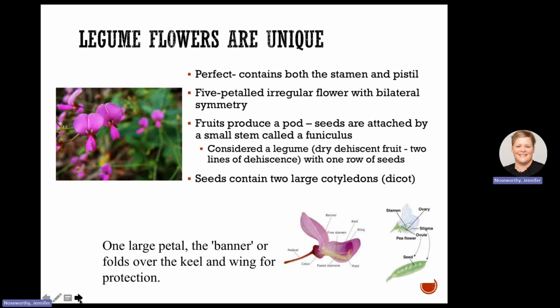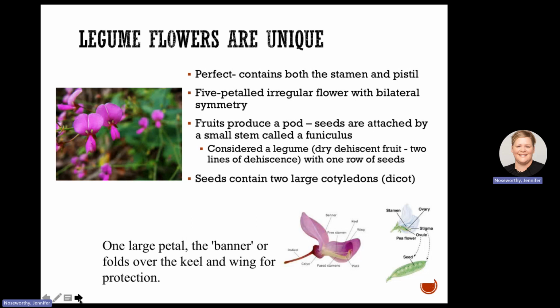They produce an interesting pod, and we'll show you a model of the pod developing inside the flower in lab this week. They're dicots, like I said, so they also produce 2 cotyledons that are inside that developing seed embryo.